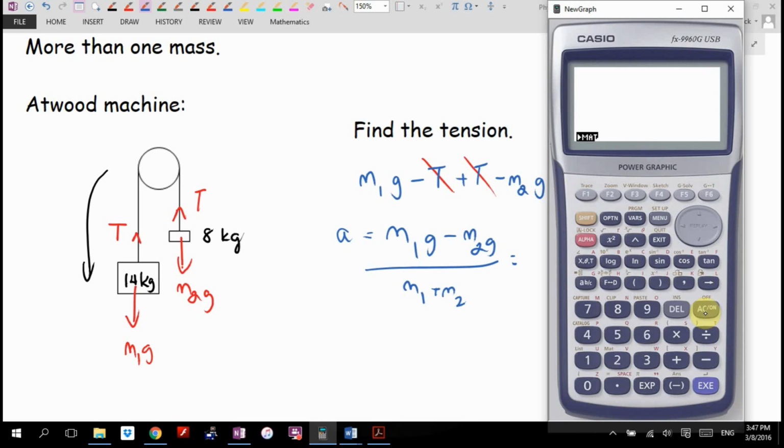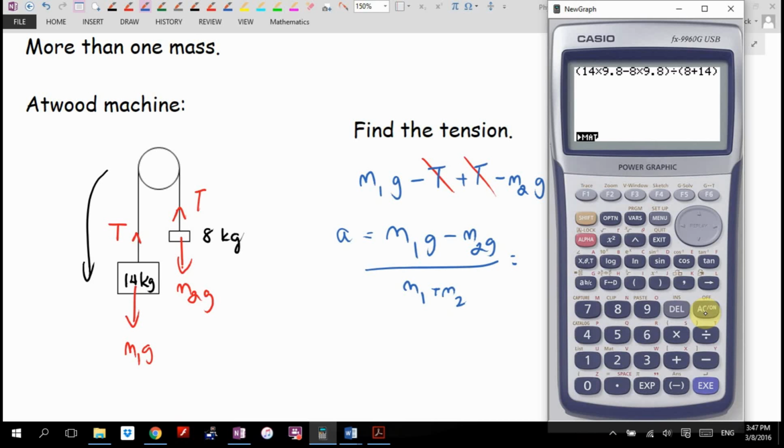Is there more than one thing on the top? What will I remember? Is there more than one thing on the bottom? What will I remember? So I think I can go bracket, 14 times 9.8 minus 8 times 9.8, close bracket, divided by bracket 8 plus 14.